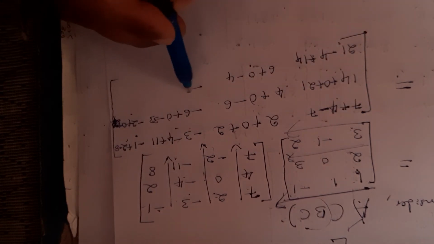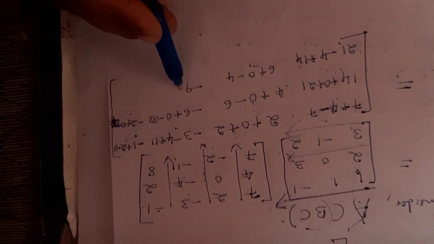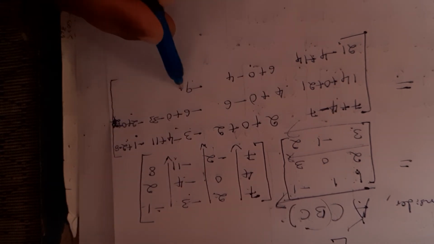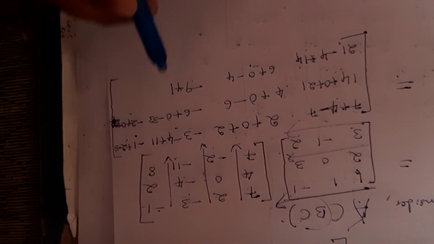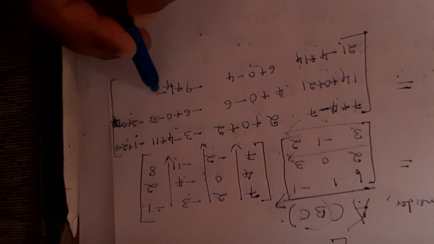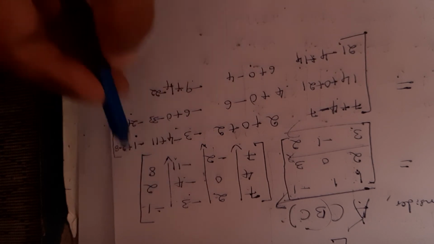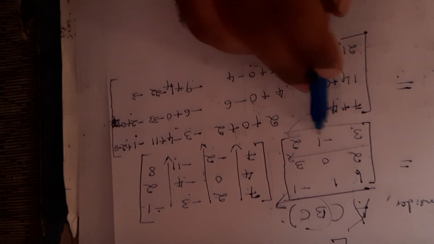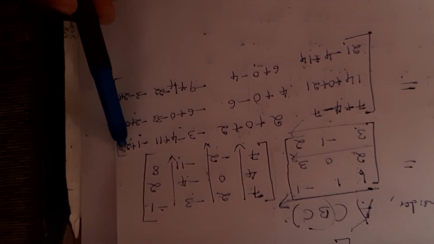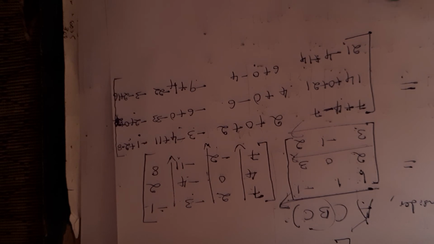Then 3 into minus 3, that is minus 9, plus minus 4 into minus 1, that will be 4 only. Then minus 22. Then 3 into minus 1, that is minus 3. Then minus 2 plus 16. So you observe these elements carefully here.